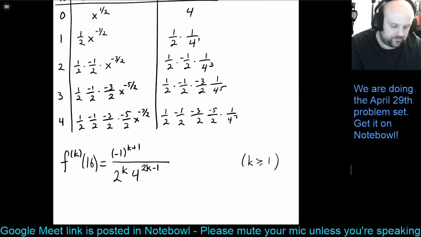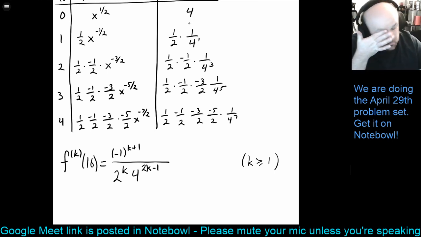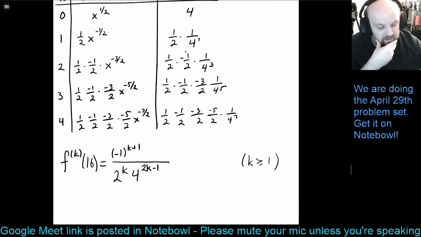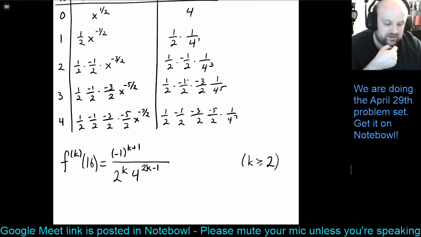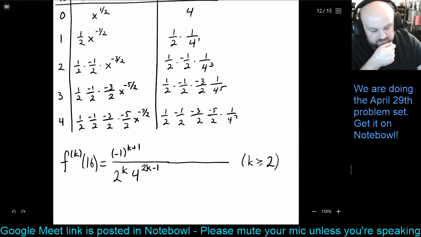Starting here, we have 1, negative 1, negative 1 times negative 3. Or maybe here, this pattern will look really good starting at least at 2. If we start at 2, then the numerator is 1, 1 times 3, 1 times 3 times 5. So it's products of odd numbers if we start here.